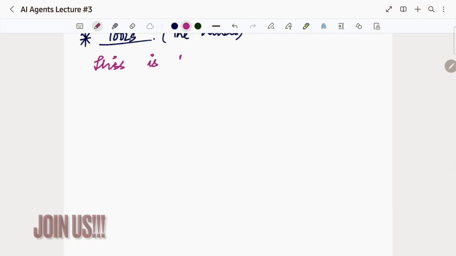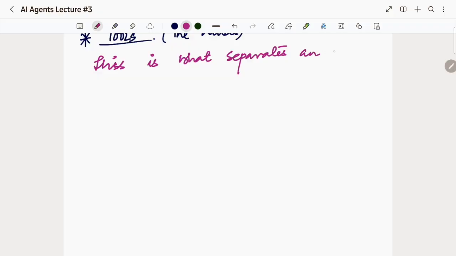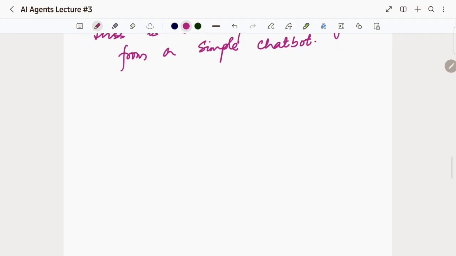This is what separates an agent from a simple chatbot. So this is the point of difference.